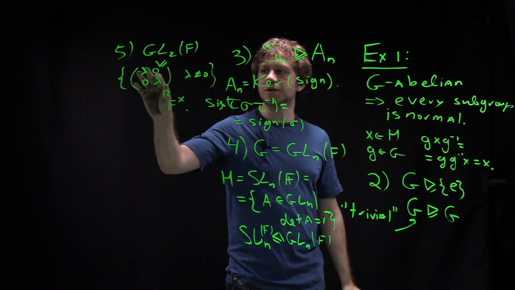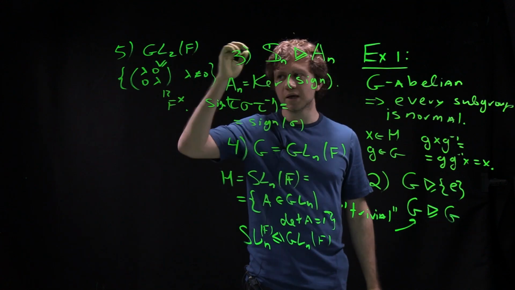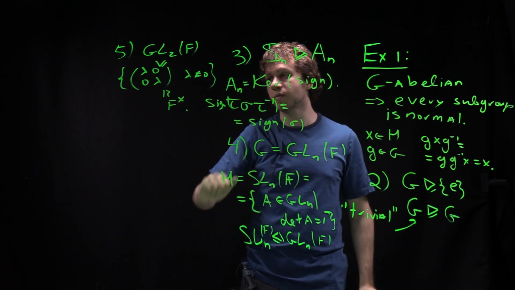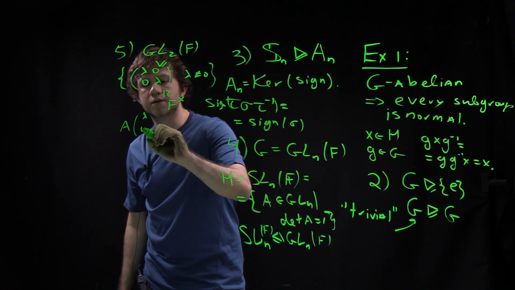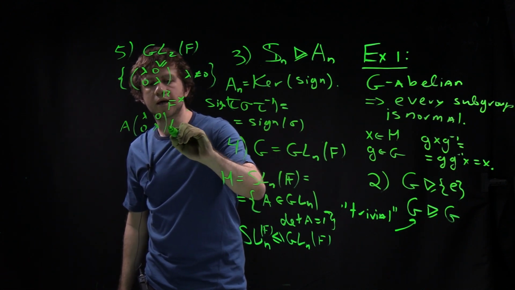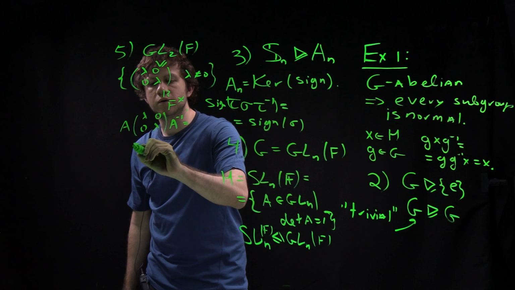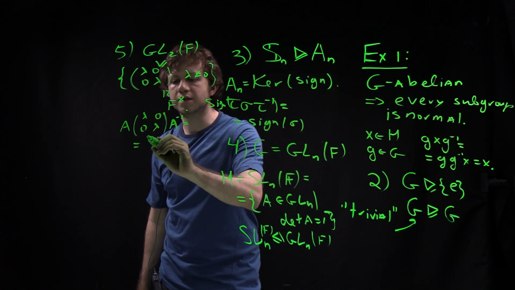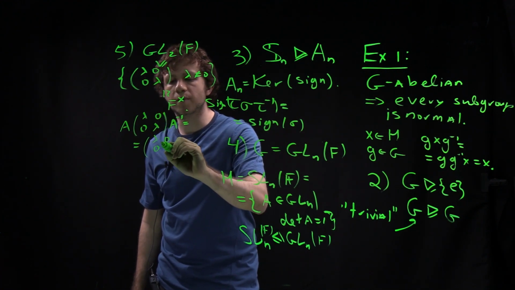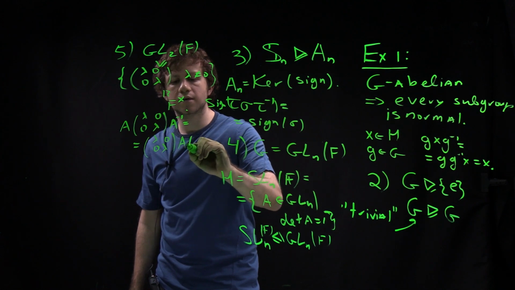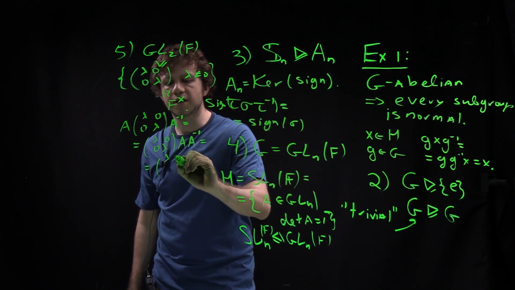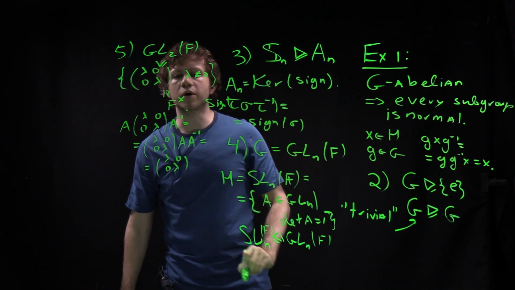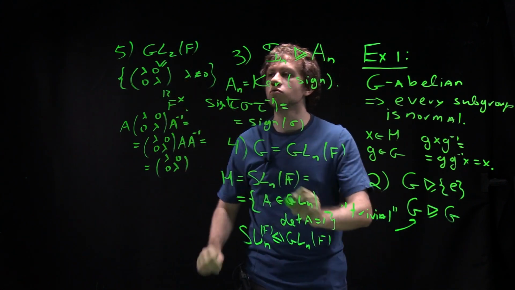These are scalar matrices, and clearly it's a normal subgroup, because if you take any matrix A and compute A (lambda, 0; 0, lambda) A inverse, this thing commutes with all matrices. Again, this was a homework problem. So you get lambda, 0, 0, lambda. Indeed, this subgroup is normal.